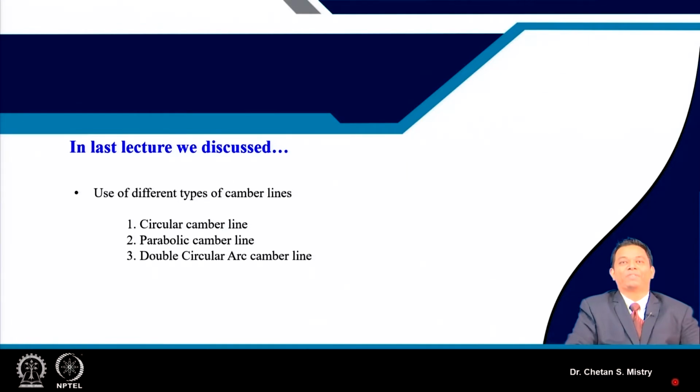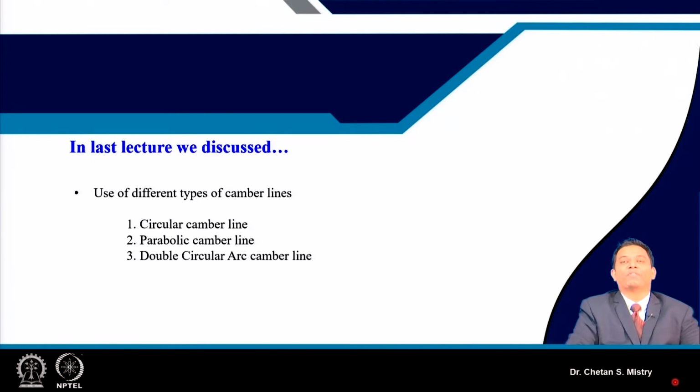These camber lines are mainly circular arc camber line, parabolic camber line, and double circular arc camber line, and if you recall, we have discussed the special kinds of camber lines and their applications. The circular arc camber line is the conventional kind of camber line that we use for making initial rotor or stator blades.